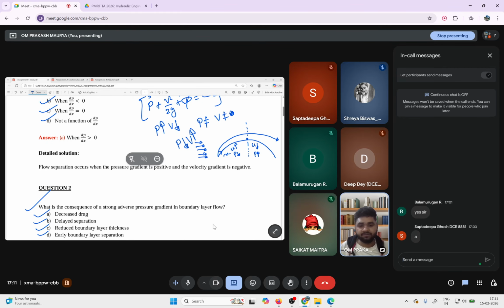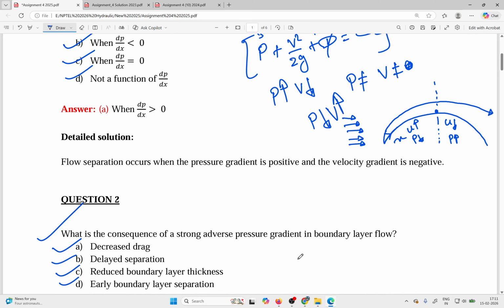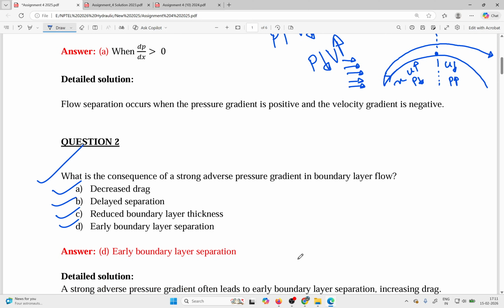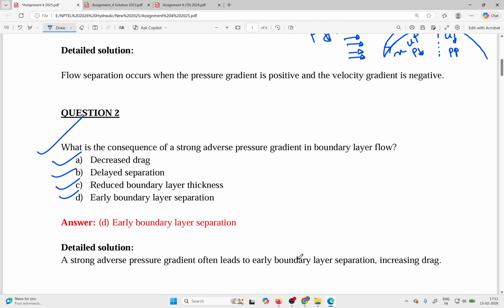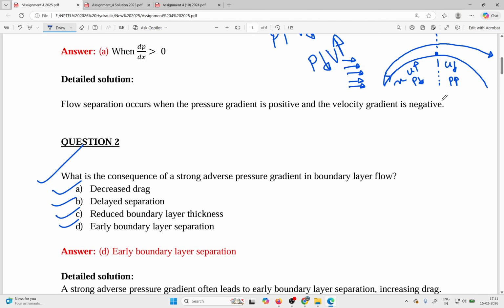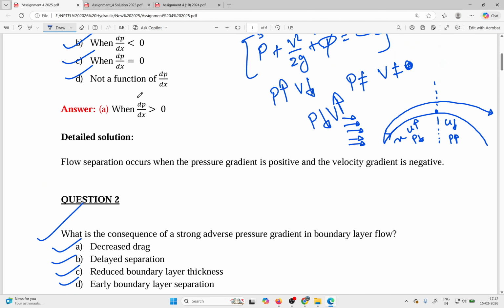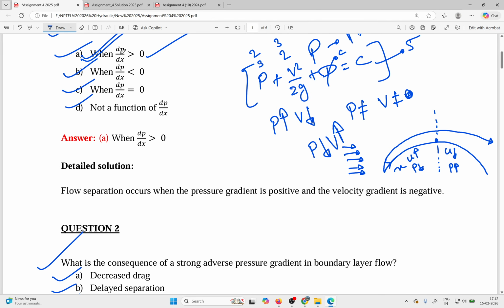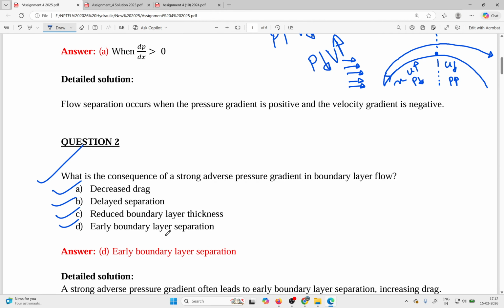Okay, so let me explain. What will happen actually? You will see early boundary layer separation when you have a strong adverse pressure gradient. As soon as you get the pressure gradient greater than zero, or adverse pressure, the boundary layer separation will happen fast, as soon as possible.